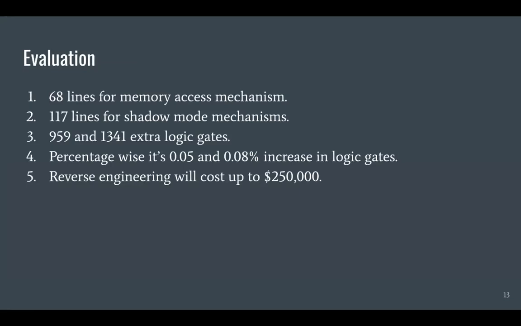We have 68 lines for the memory access mechanism, which are more than the actual CPU, and 117 lines for the shadow mode mechanism. Even in terms of logic gates, the number is very minimal. If we convert any RTL into gate level, a processor is at minimum around 1 billion gates. So compared to 1 billion, the number of extra logic gates used was very small.